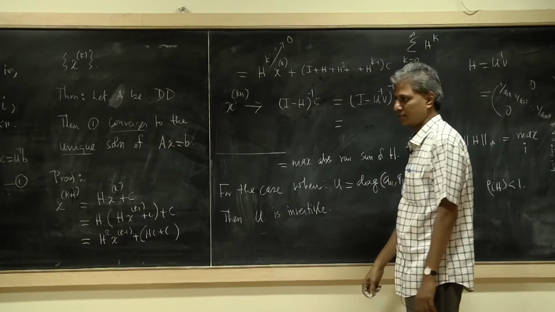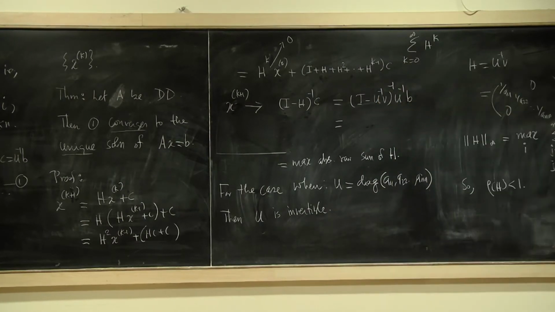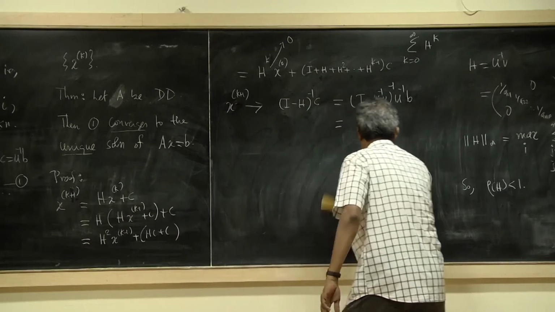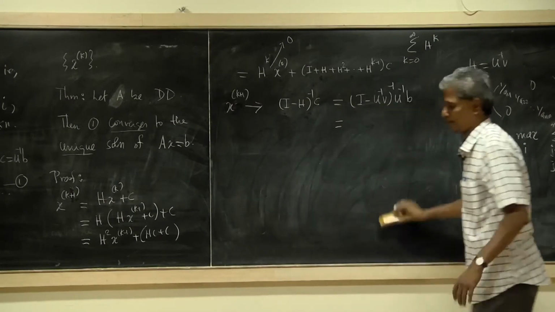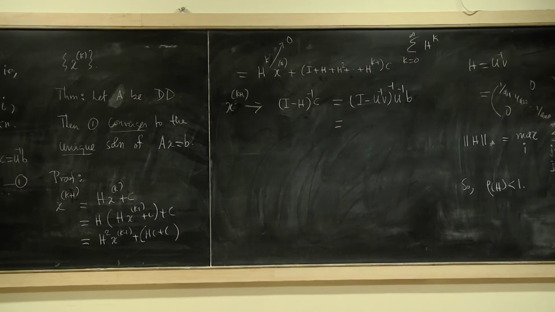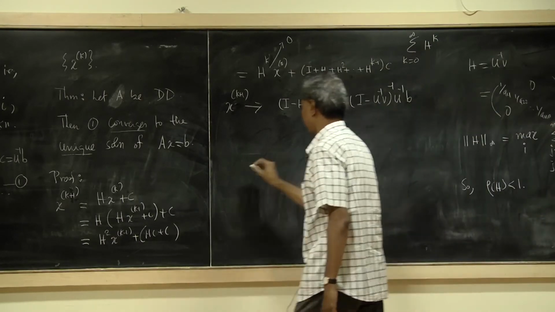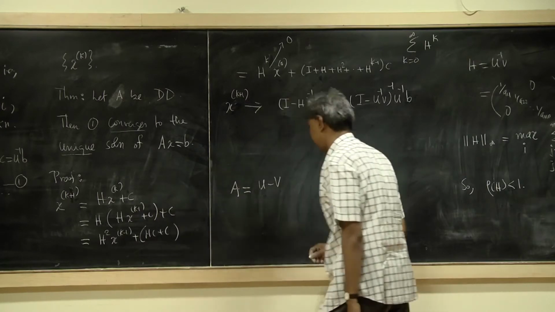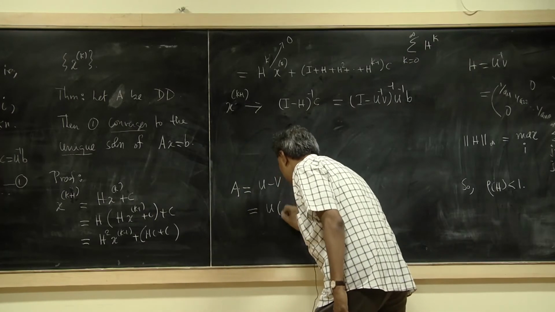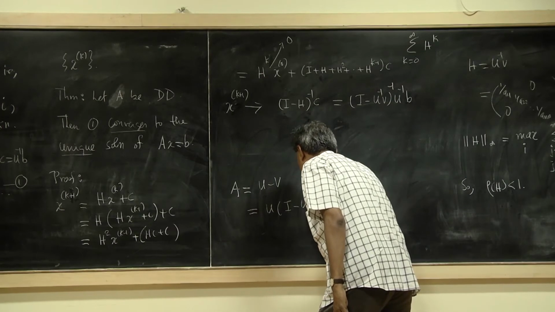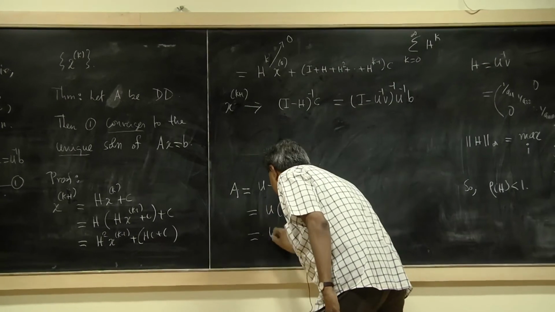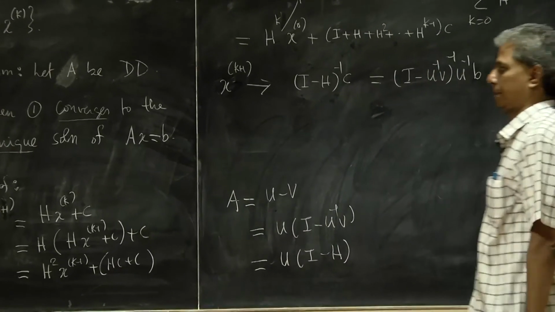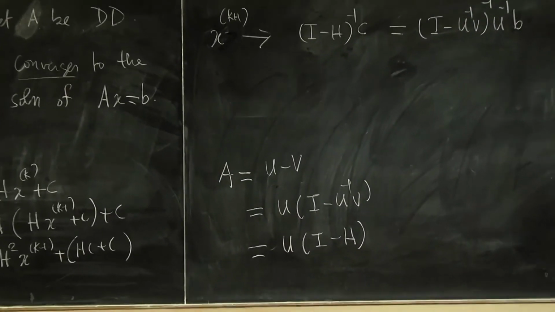Okay, so can you see what is going on? You have A to be u minus b. I can write this as u into (I minus u inverse b), which is the same as u into (I minus h).